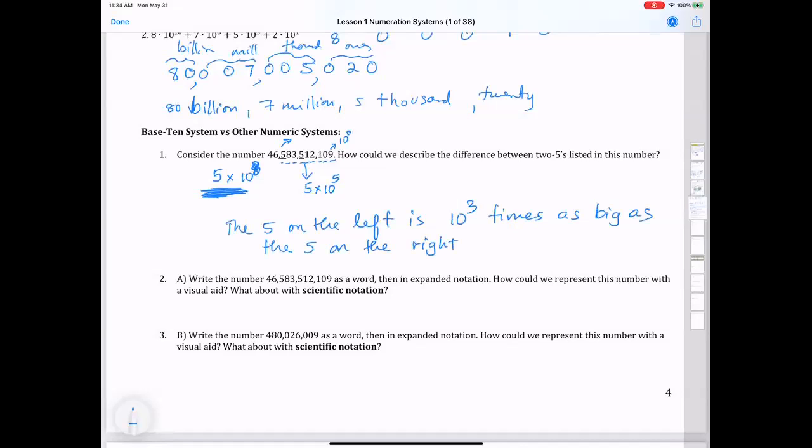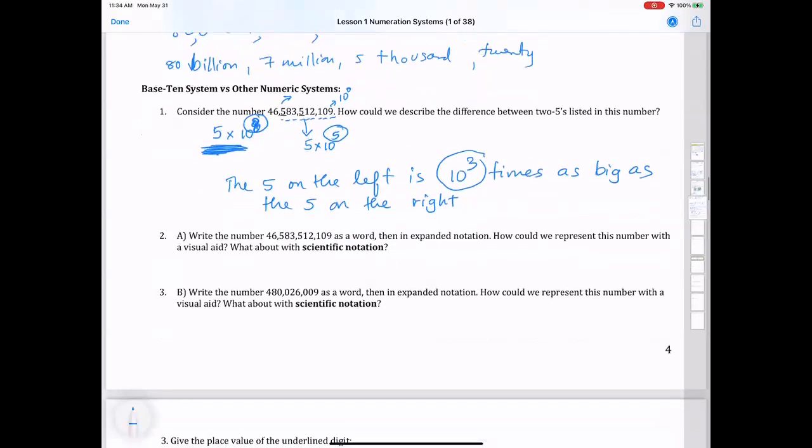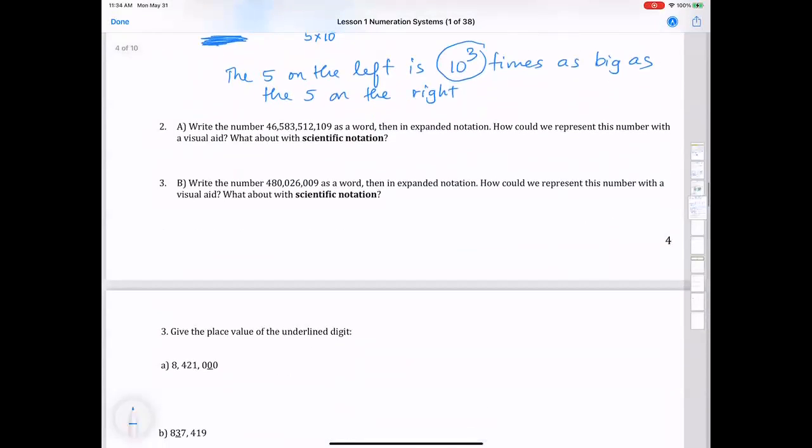How do I know it's 10 to the third times? Because the difference between 8 and 5 is 3. Okay, so let's go to the next question.